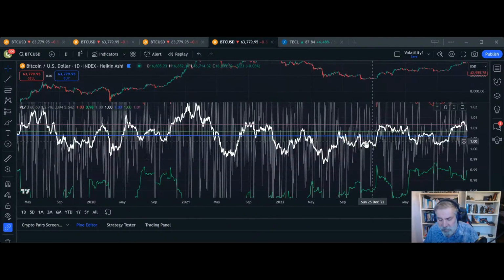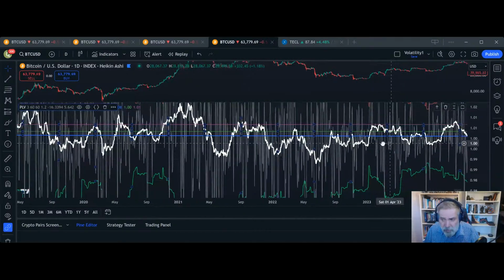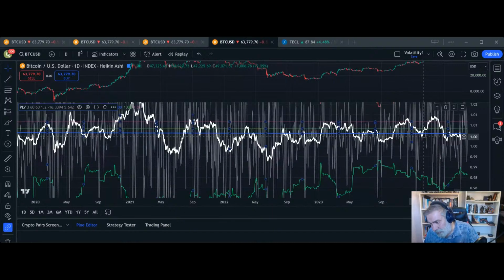So the blue curve shows you the predicted returns for the power law, and you can see the white curve. What is the white curve?